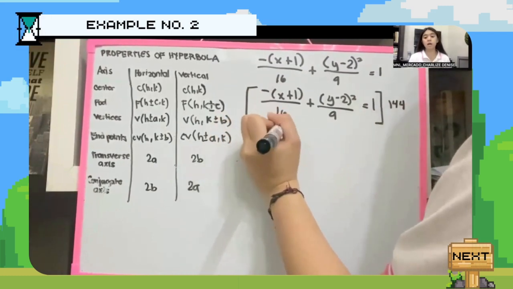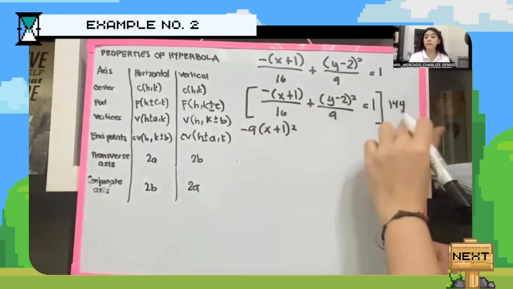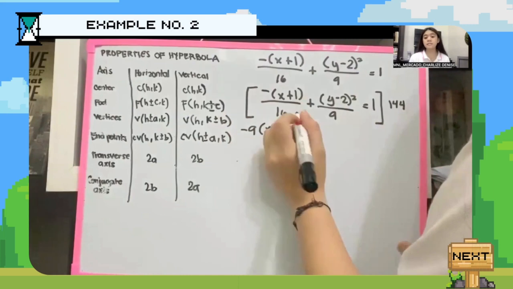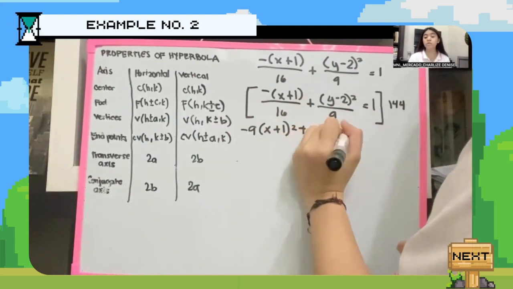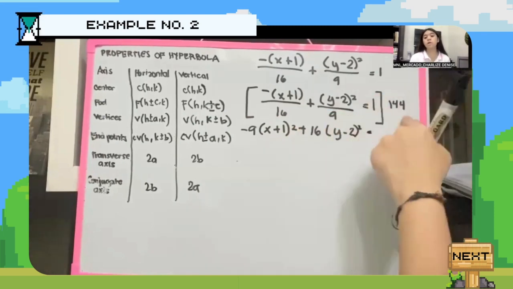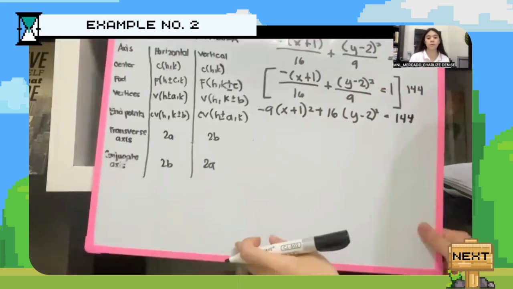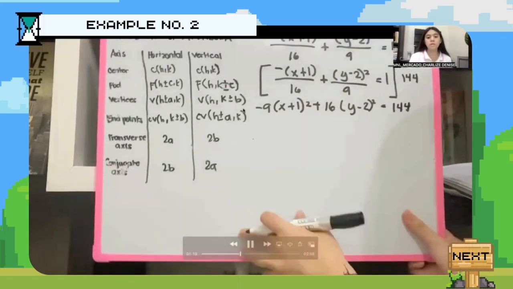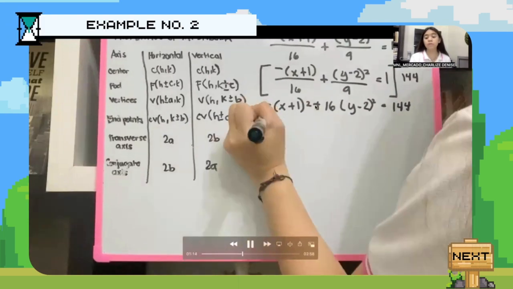Then 144 divided by 9 is 16 times y minus 2 squared, is equal to 1 times 144, which is 144. The next step is we will factor this out.